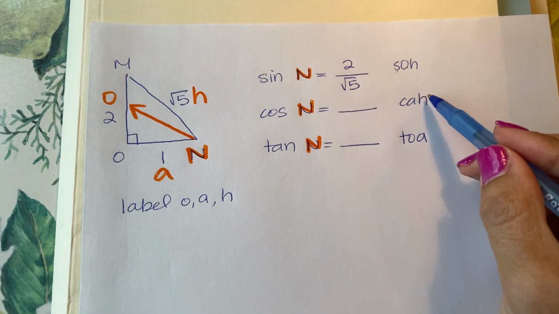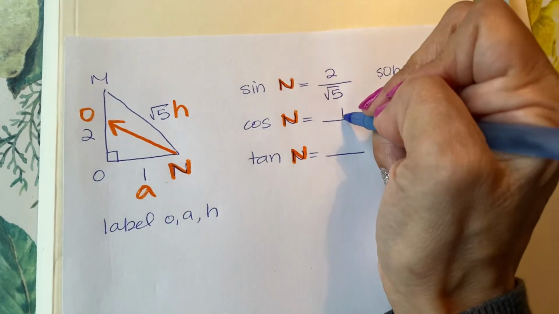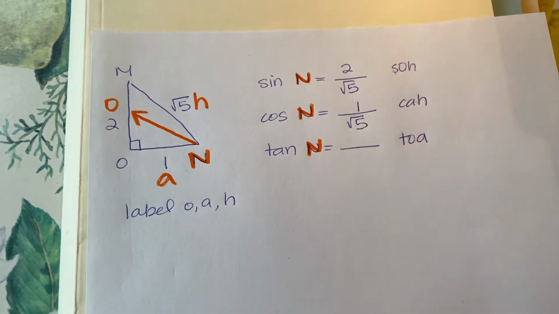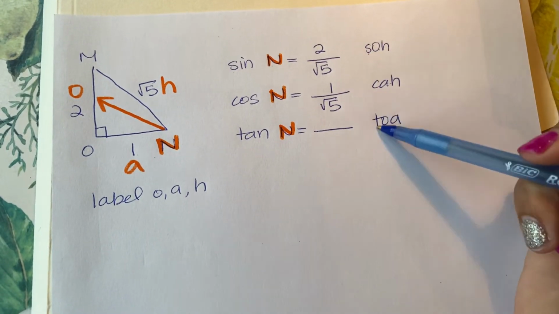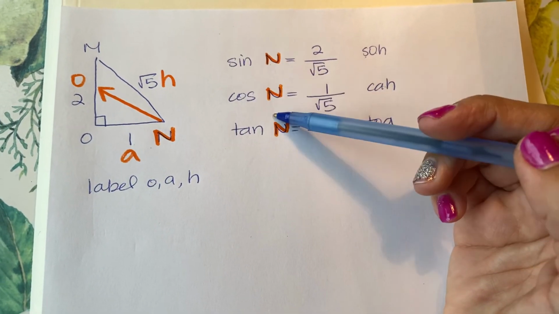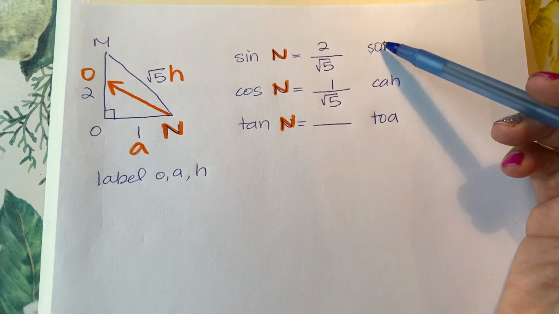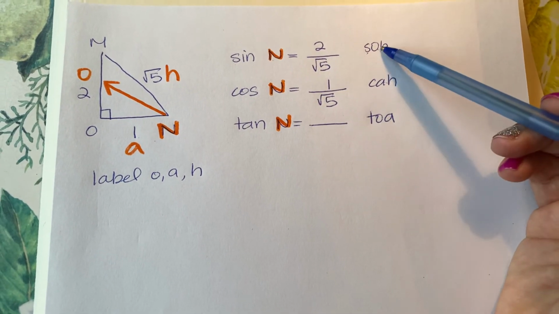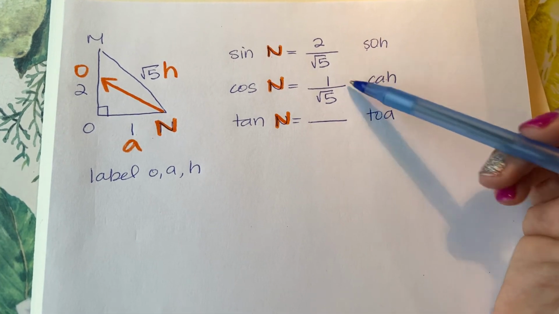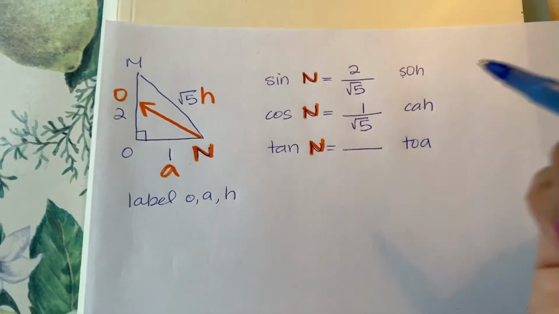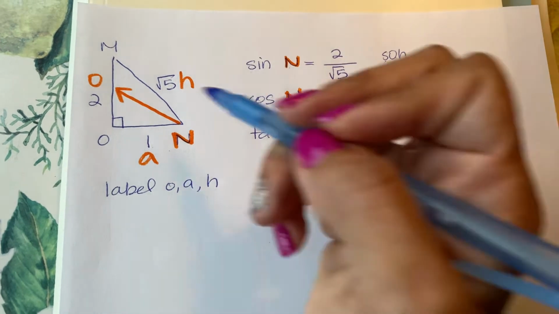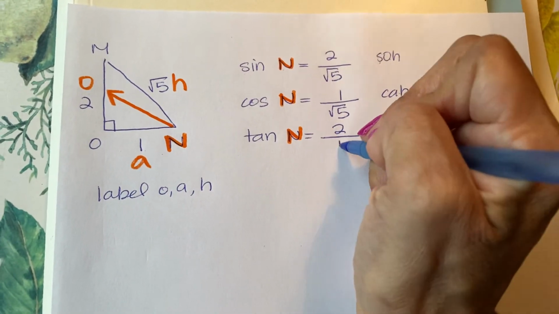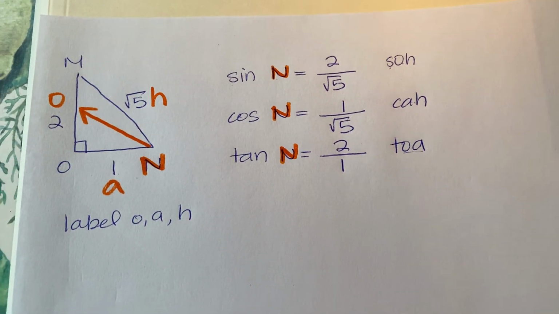Cosine is adjacent over hypotenuse, adjacent 1, rad 5. So the first letter is your trig function with the degree. Your second and third letters are your ratio. Second letter is the top number, third letter is the bottom number. And so tangent, TOA, 2 over 1, and those are your answers.